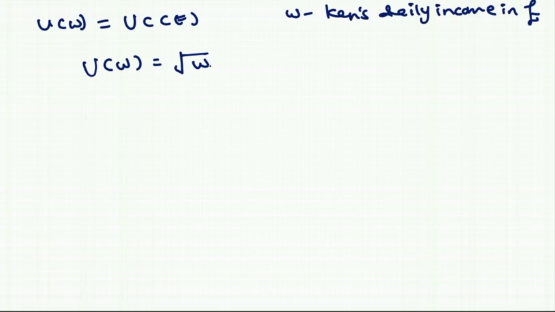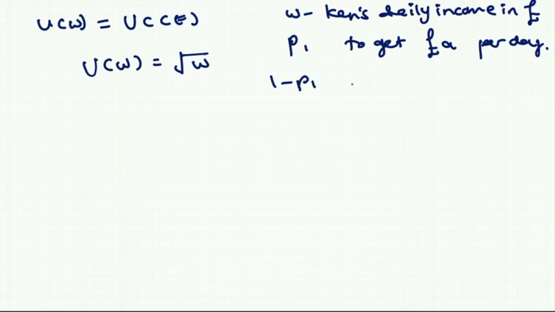Now, at the same time, he is offered the following gamble. With probability P1 to get A pound sterling per day, and 1 minus P1 probability to get B pound sterling per day. Okay.